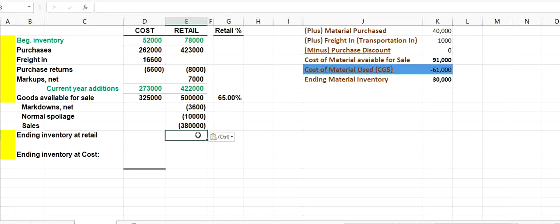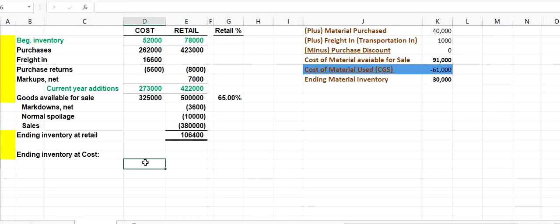This time it will again give me $1,06,400. This is my ending inventory retail value. Or you can say 65% of this 1,06,400 is the cost of this ending inventory.